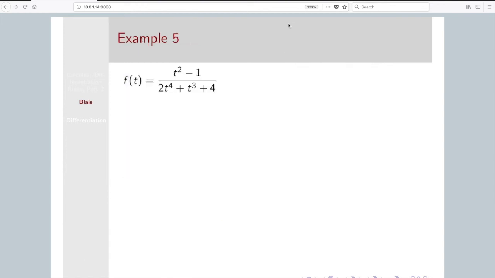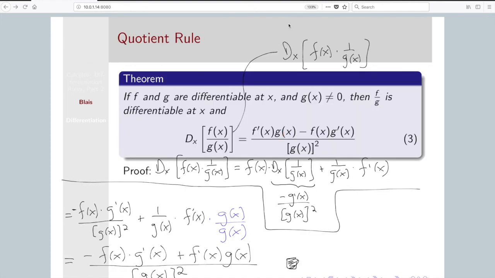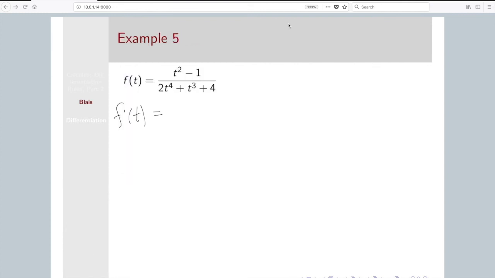As an example, let's directly apply this quotient rule. So to get f prime of t, again, g is the denominator. So denominator times the derivative of the numerator. The denominator is 2t to the fourth plus t cubed plus 4. The derivative of the numerator is 2t.